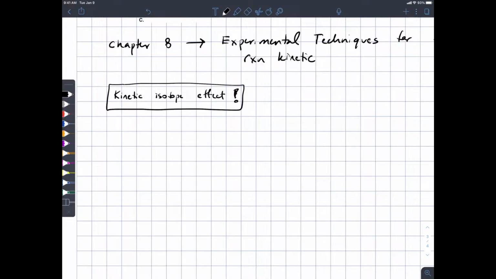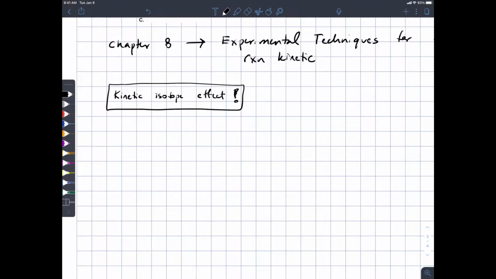Most commonly, it's related to taking a hydrogen and replacing it with a deuterium. You can do C12, C13 kinetic isotope effects, but the relative change is bigger for hydrogen versus deuterium, right? You're doubling the mass for hydrogen versus deuterium, whereas for carbon 12 versus carbon 13, you're only changing it by about 1/13.